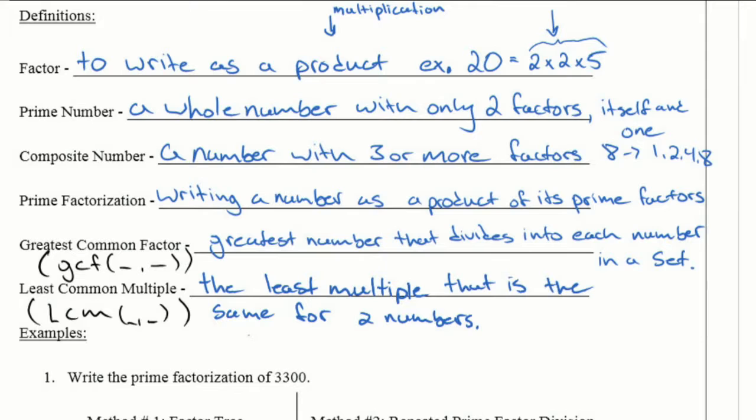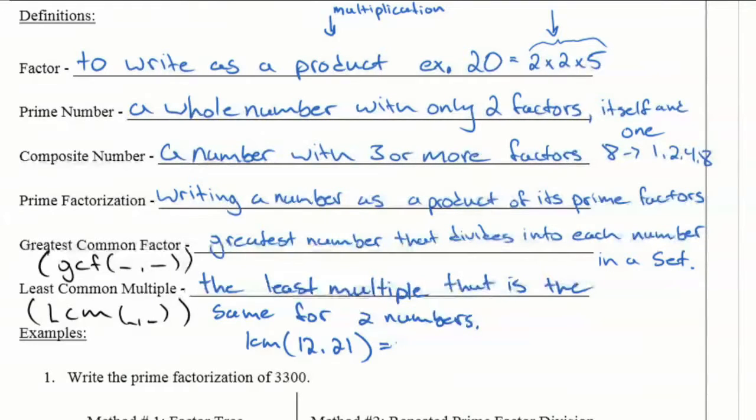If I said, what is the LCM of 12 and 21? Basically, you're looking at multiplying these numbers. So 12 times 2 is 24. 12 times 3 is 36. 21 times 2 is 42, and then times 3, it's going to be 63.